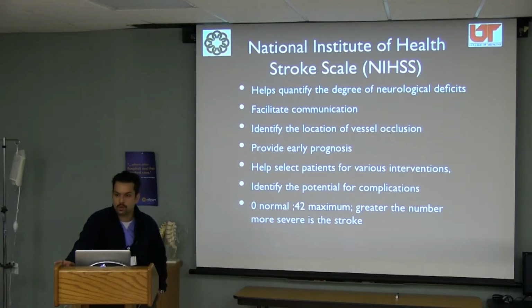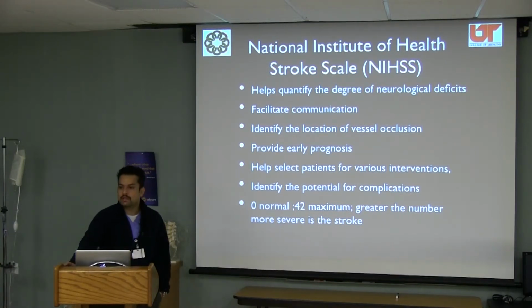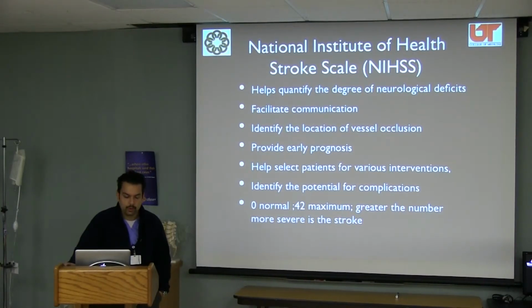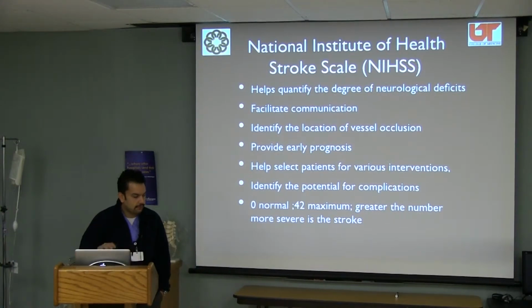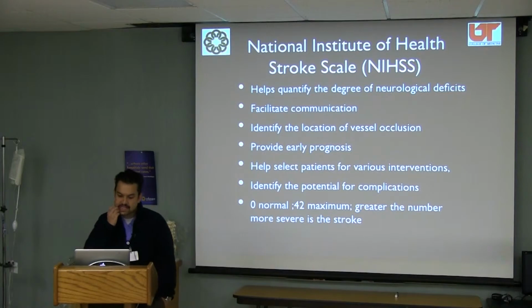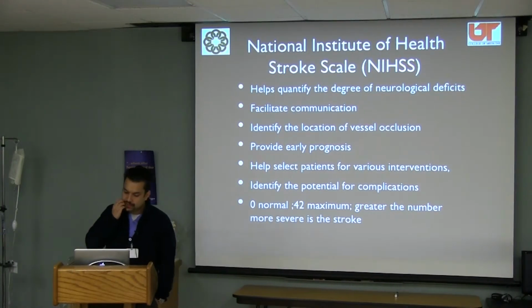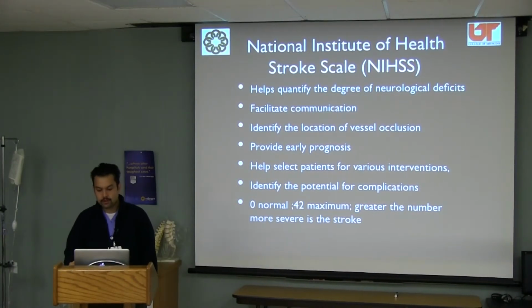Was it 8, now it's 12? Was it 12, now it's 20? That gives us an idea about what the patient looks like. Beforehand, when you tell us push and pull and foot grasp and purposeful, that doesn't really make any sense, because we are wired to think in terms of the NIH stroke scale.